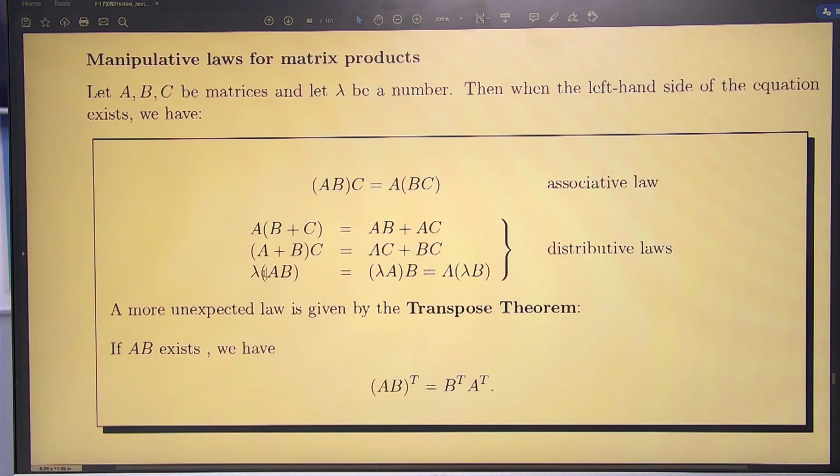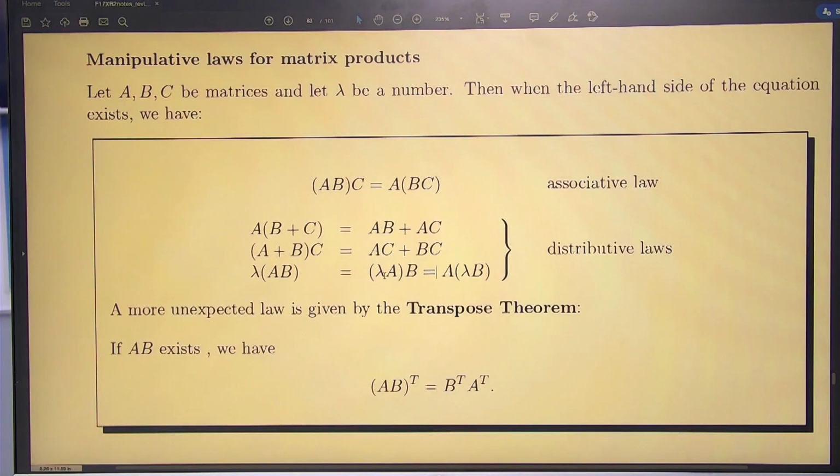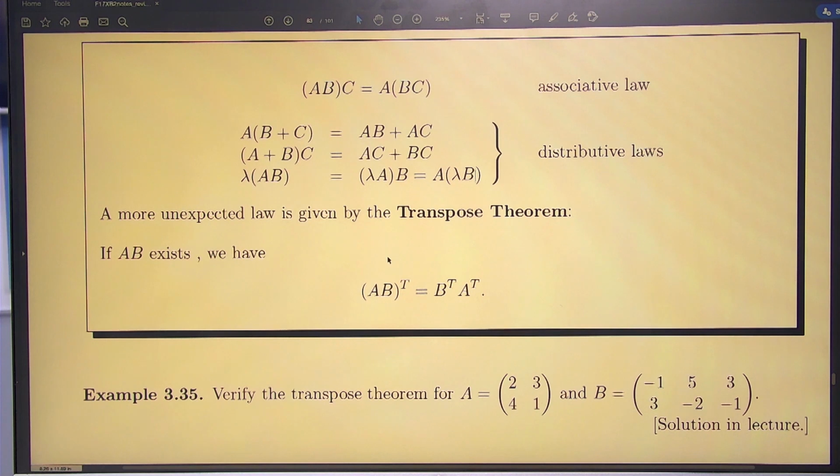Well, another thing, it's scalar and matrix multiplication together. If we have lambda multiplied by A and B in the bracket, we can first multiply lambda by A, then B, and also we can first multiply lambda by B, then A. So these are the main properties of matrix multiplication and also scalar multiplication.